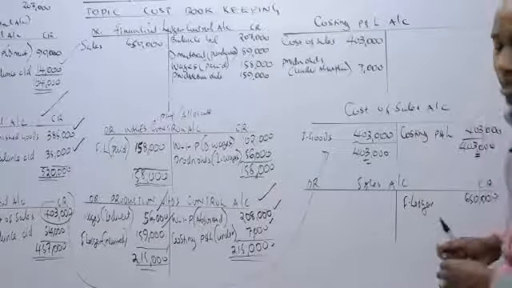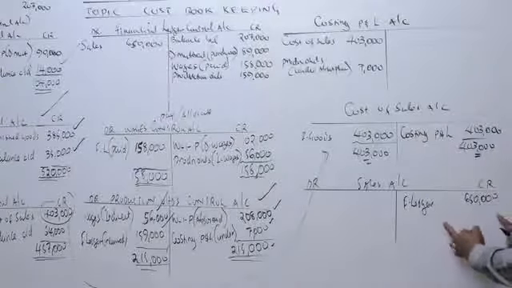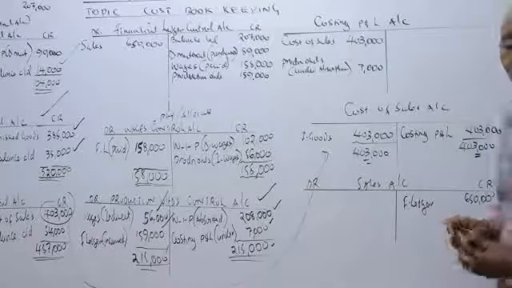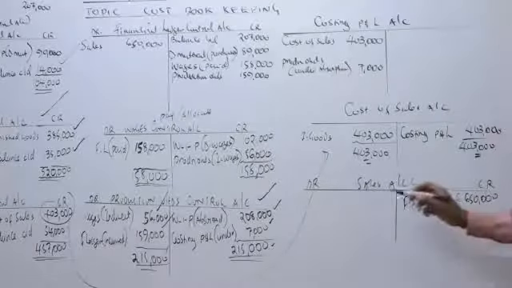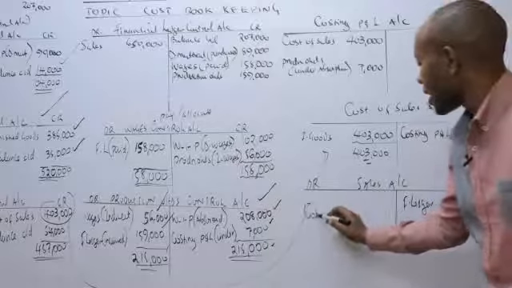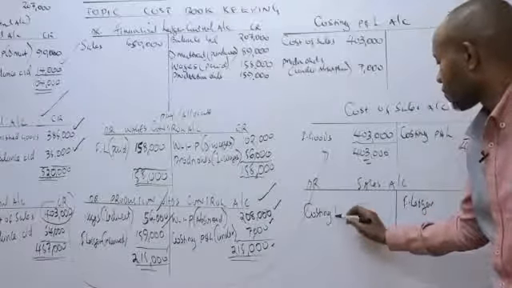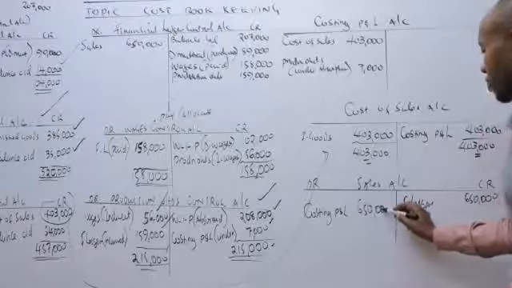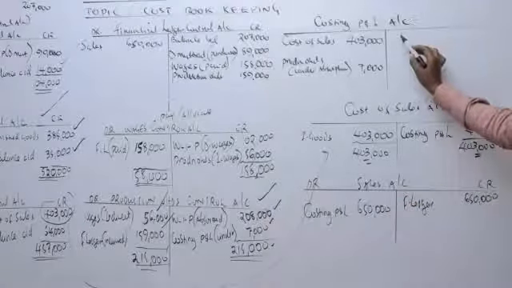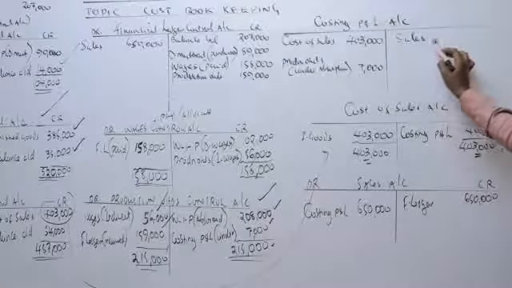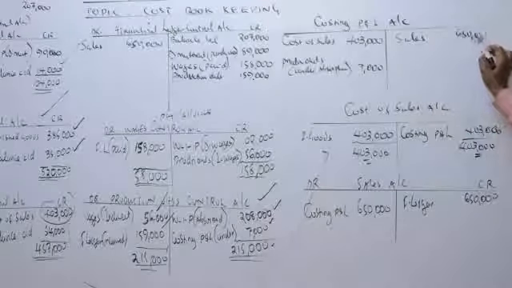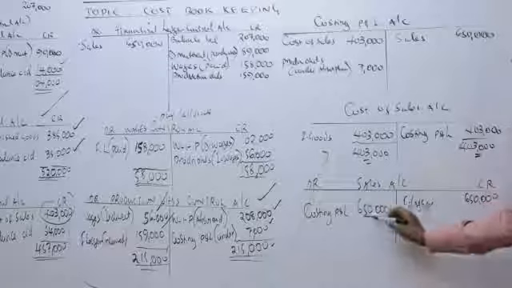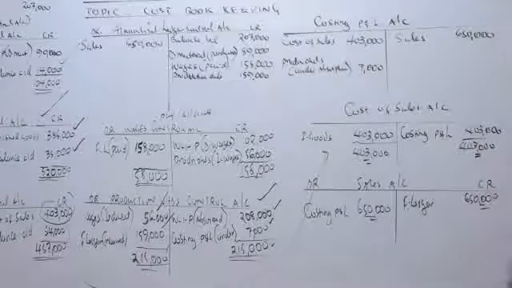Then now let's close the sales account to the costing profit and loss account. So we say costing P&L, which is 650,000. And then I have my sales here. So my sales are for 650,000. And this account closes out like that.